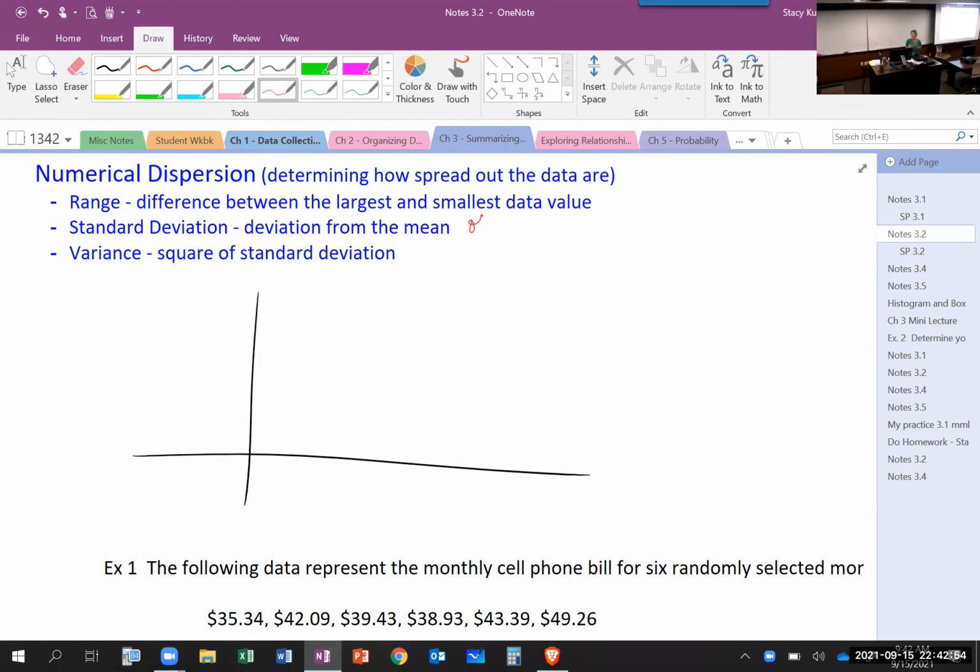Sigma is the population's standard deviation, and lowercase s is the sample standard deviation.